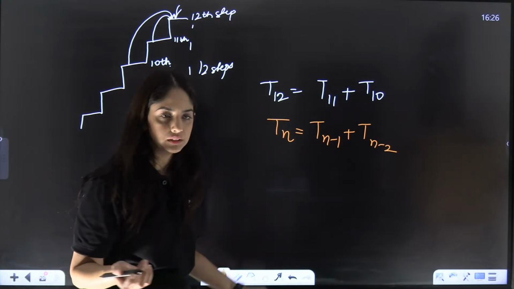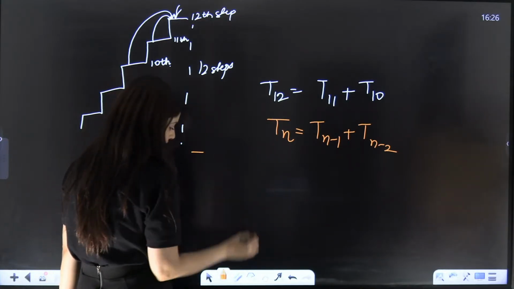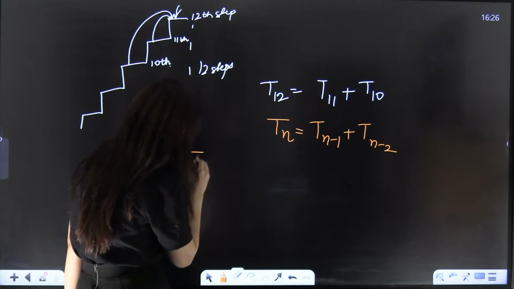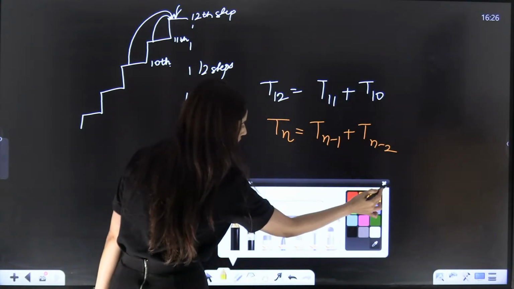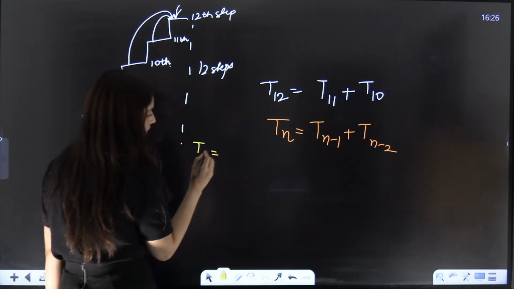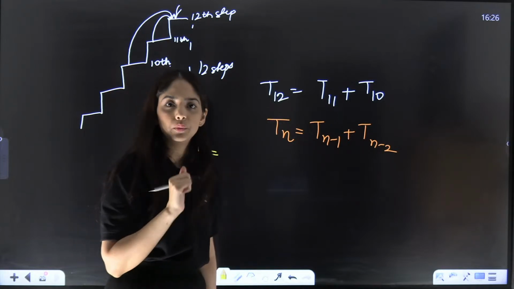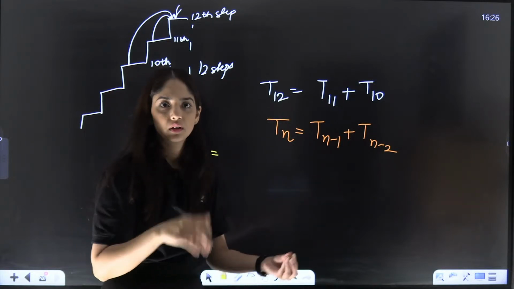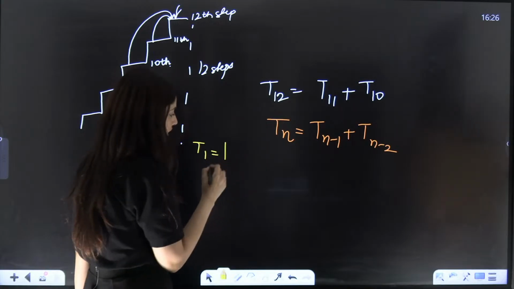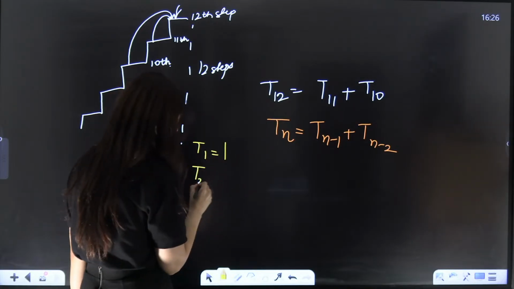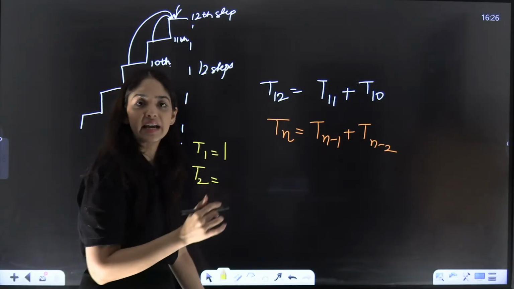So for example, what is T1? We started from 0th. How many ways to reach the first step? We have to take a single step. How many ways of reaching second step?